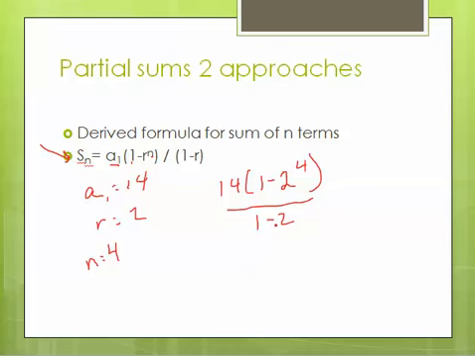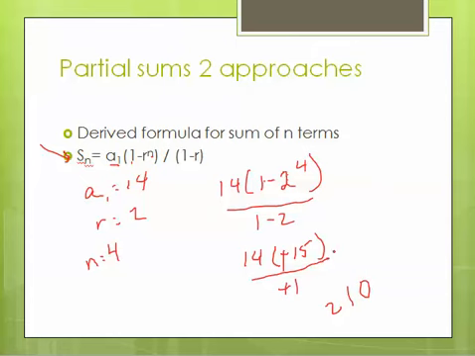Well, 2 to the fourth power is 2, 4, 8, 16. So I get 14 times negative 15, because this was 16. 1 minus 16 is negative 15, divided by negative 1. Well, the negatives cancel each other out, and I'll have 14 times 15. 14 times 15 is 210.